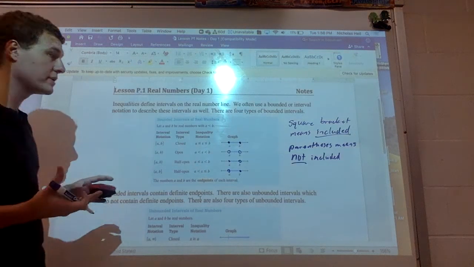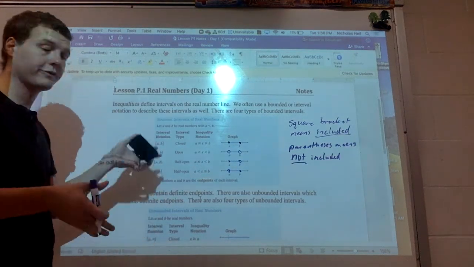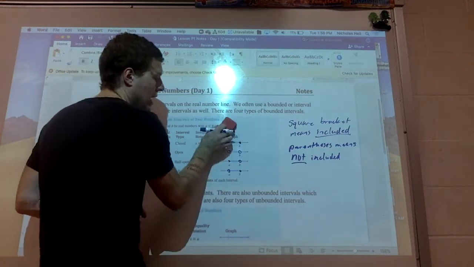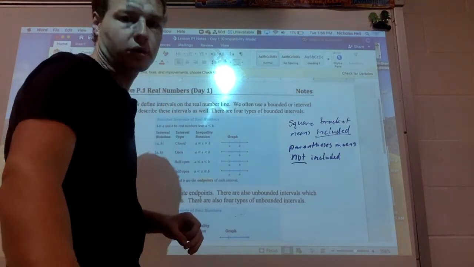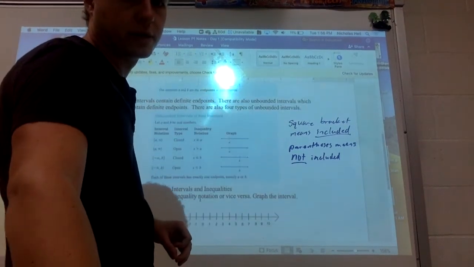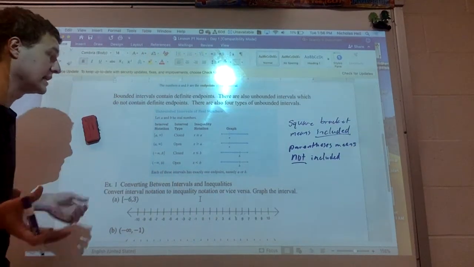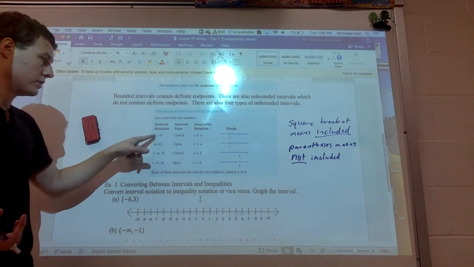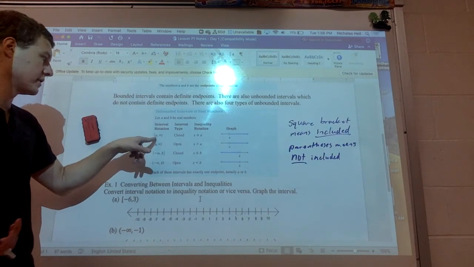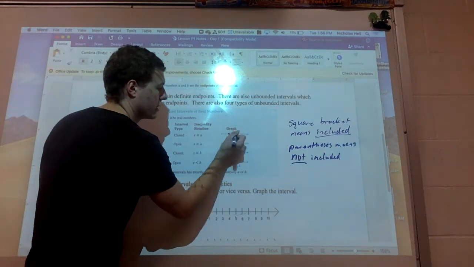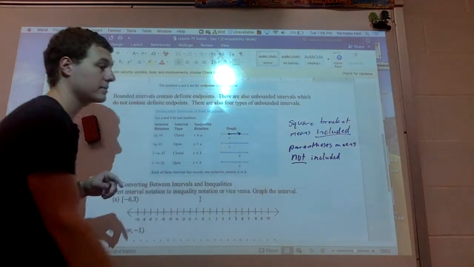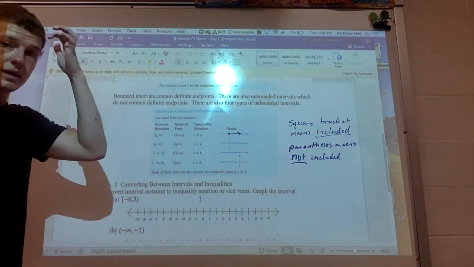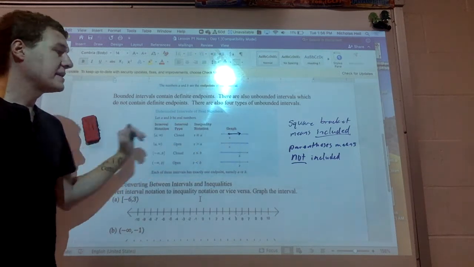So these are bounded intervals. That means we're strictly going from one number to another number. And the second picture there just shows what happens if we're dealing with infinity. Well, we can have a closed infinite interval where we go from the definite number A, and then it just goes on forever until infinity. That's just x is greater than a. These all mean the same exact thing.